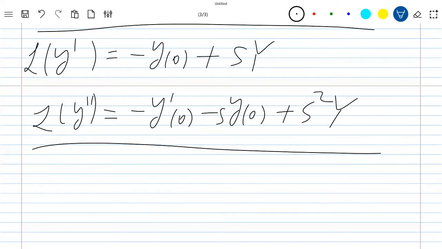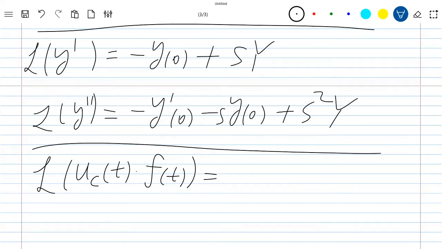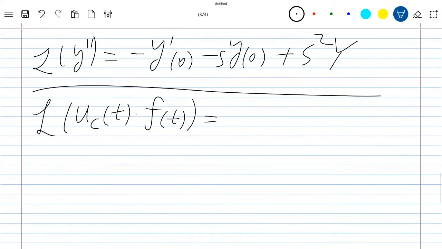And one more thing we need to know is, what if you have a step function times a function? How do you do the Laplace transform? Well, this part will give you e to the negative sc.